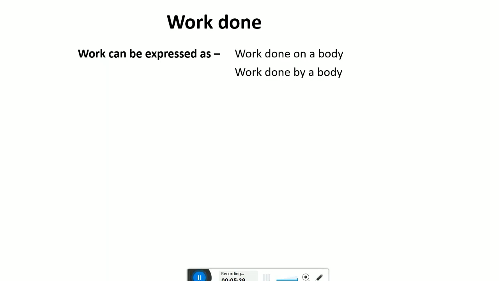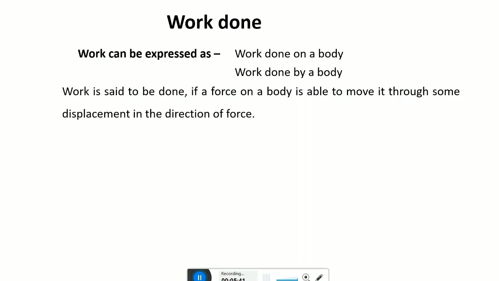Then, work done. Work can be expressed as work done on a body or work done by a body. Work is said to be done if a force acting on a body is able to move it through some distance in the direction of the force.